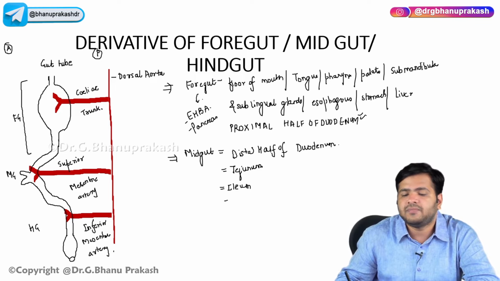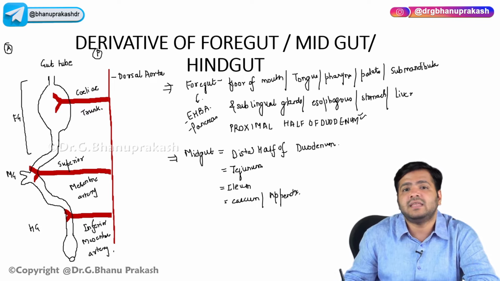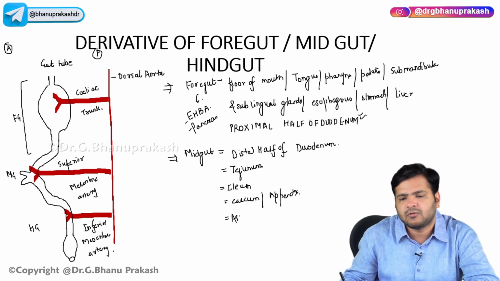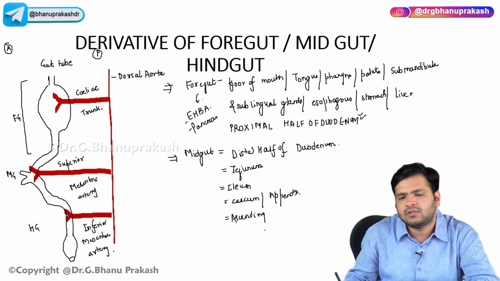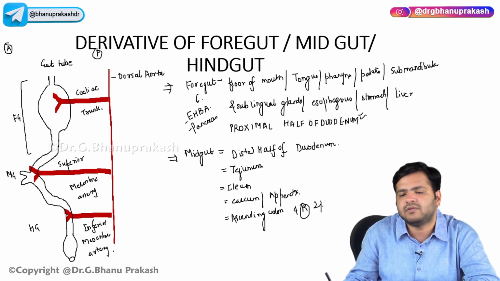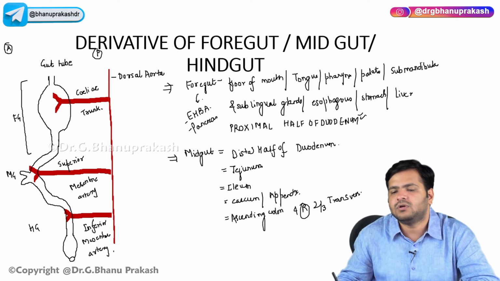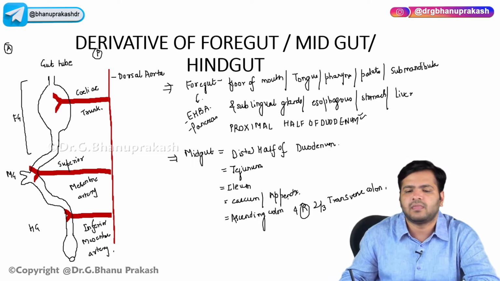It will also form the cecum, the appendix and the ascending colon, and the right 2/3 of the transverse colon.